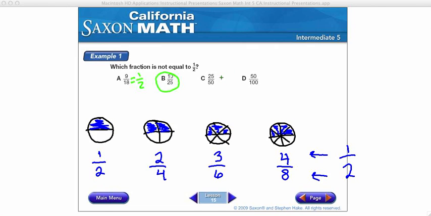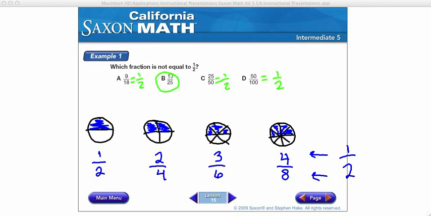Let's keep going. C, 25/50. Well, 25 is half of 50. Remember, think about those quarters. 1/4 is half of 2/4. So this does equal 1/2. And D, 50/100. 50 is half of 100. So this does equal 1/2 as well. So whenever a fraction equals a half, the numerator is half of the denominator.